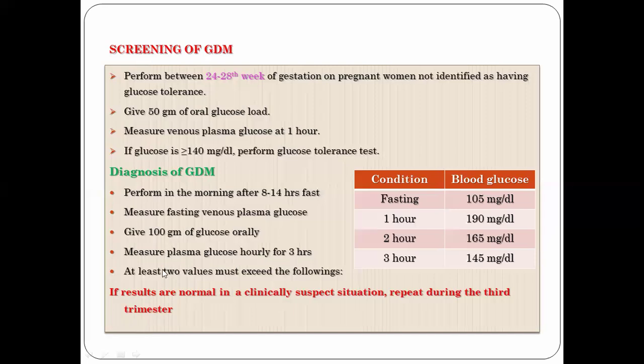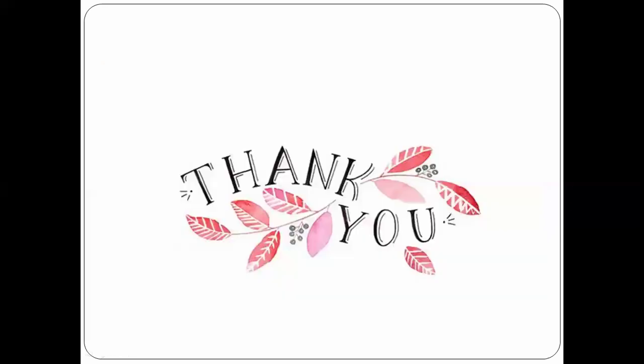In a suspected case, if your question mark does not become a full stop, there is a chance. If you get a value like that, again we have to repeat the test during the third trimester. So this is all about GDM.